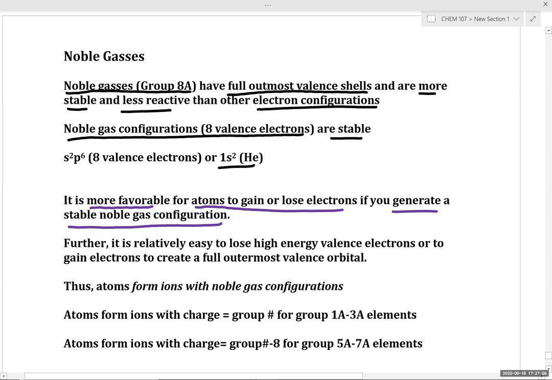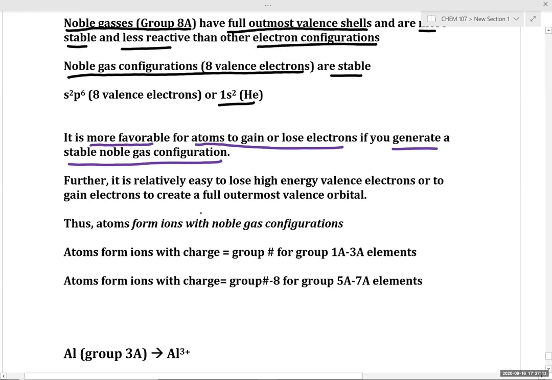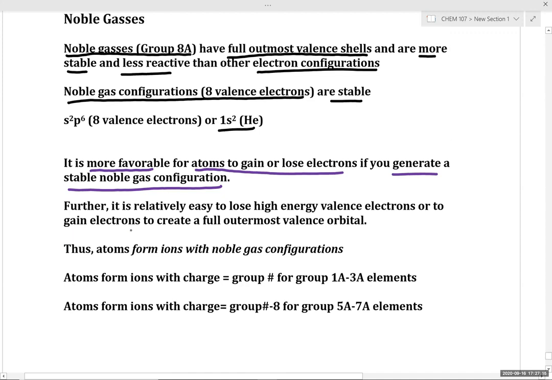Further, it's also relatively easy to lose high energy valence electrons or to gain electrons if you're creating a full outermost valence orbital. So the takeaway is that atoms will form ions with noble gas configurations.